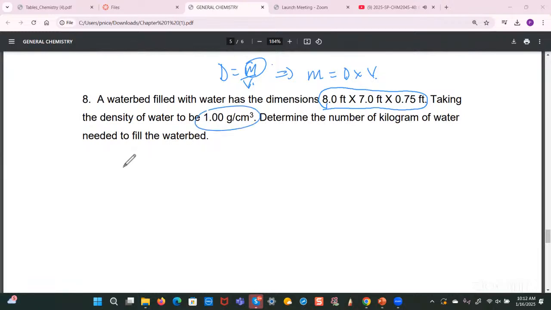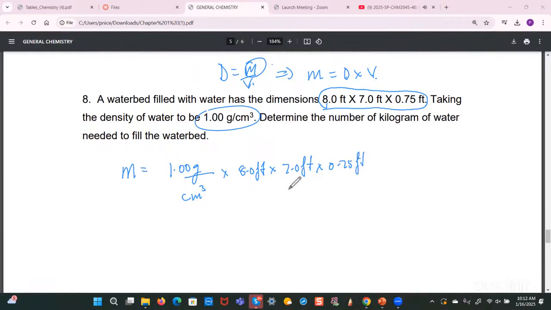So in this case, the mass will be equal to the density, which is 1.00 grams per cm cubed, multiplied by all this here, 8.0 feet times 7.0 feet times 0.75 feet.